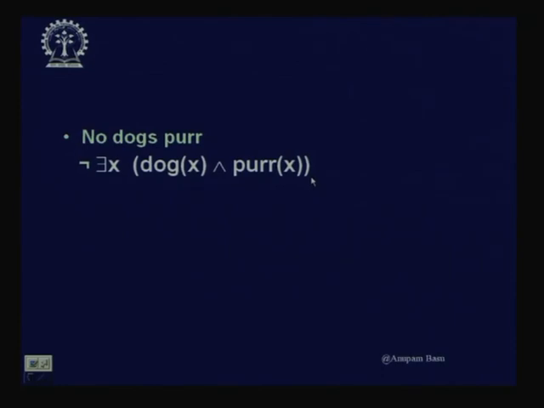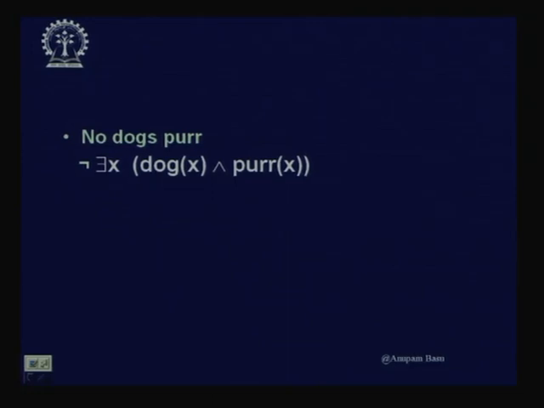Just think, if I had started this as for all x, then how would I have written this? For all x, dog x implies what? Implies not purr x, or could I write it for all x, dog x and not purr x?